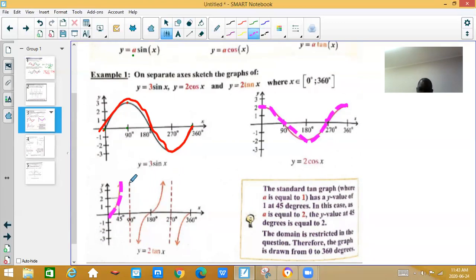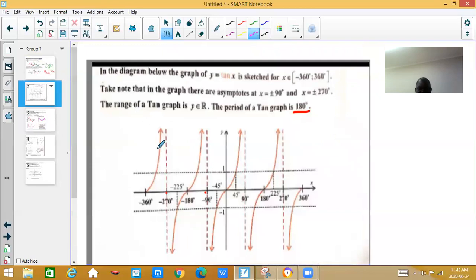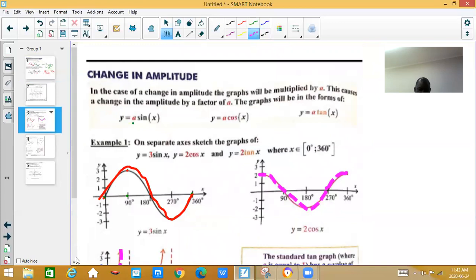The lines of asymptotes are 90, 270, like we had on the previous one. The lines of asymptote are 90, 270, negative 90, negative 270. So the lines of asymptotes don't necessarily change there. This is what we have.